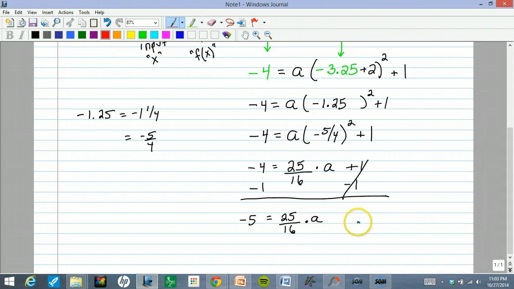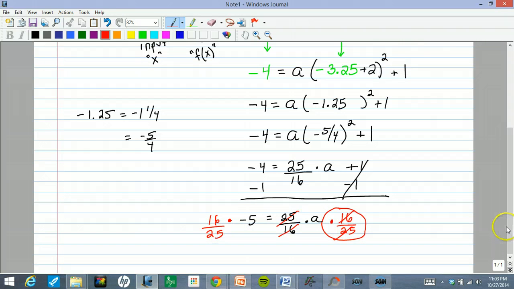So how well do you remember your properties from pre-algebra? If we are multiplying by 25/16, the way to undo this is to multiply by the reciprocal, 16/25. Think of it this way: if you have 25 divided by 16, then times 16, those undo each other. And then 25 times a divided by 25, those undo each other. So you're just left with a. But if I do this on one side of the equation, I need to do the same operation on the other side.